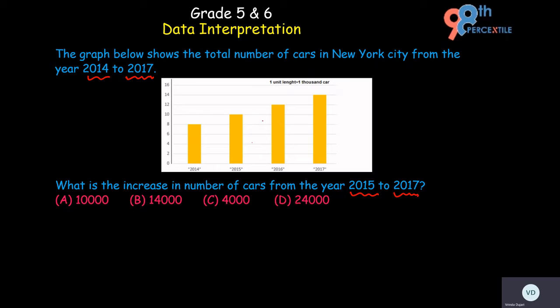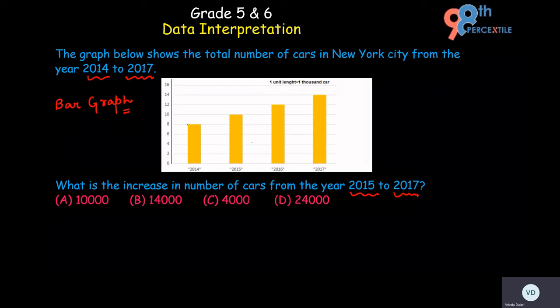Alright, so here we have a graph, and this particular graph is called a bar graph. Why bar graph? Because as you can see, there are these four bars, and the height of these bars represents a frequency.